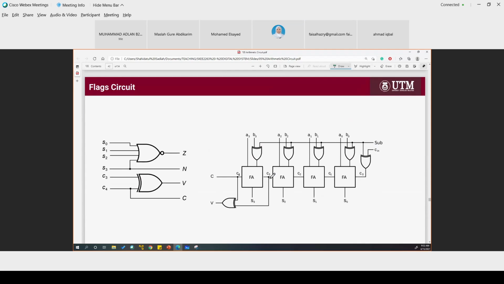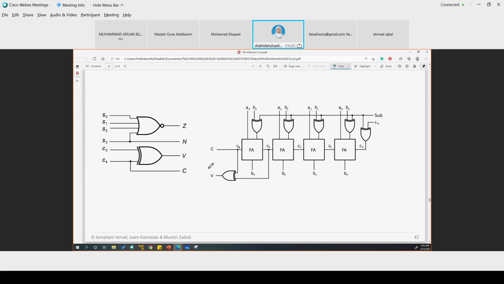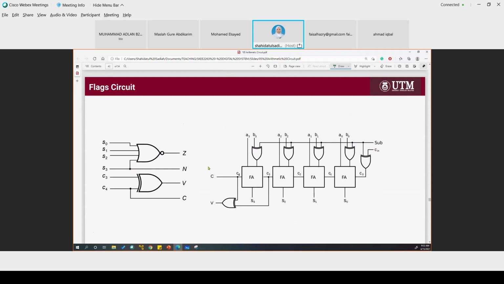And then this is the realization of all the formulas for the Z flag, N flag, V flag, and the C flag. From this circuit, we have S0, S1, S2, S3.